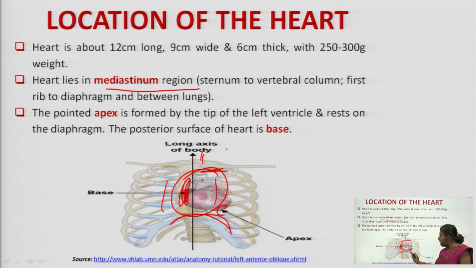Now this is a pointed part of your heart and this pointed part is termed as the apex. This apex is formed by the tip of the left ventricle. Fine. And this rests on the diaphragm.